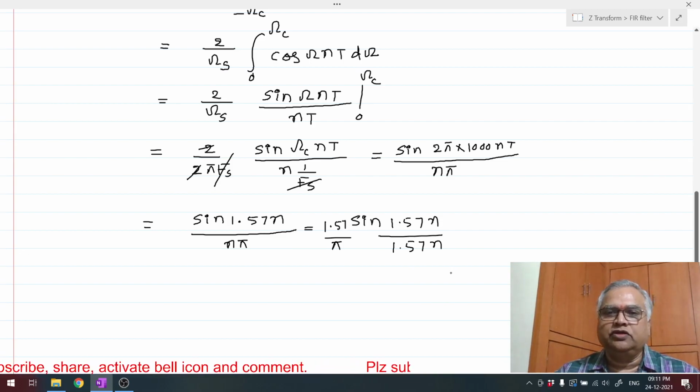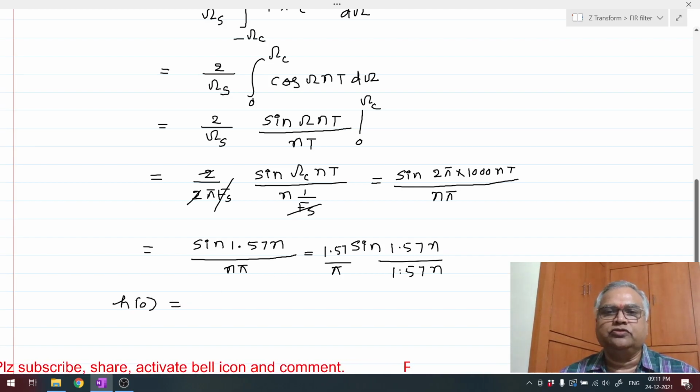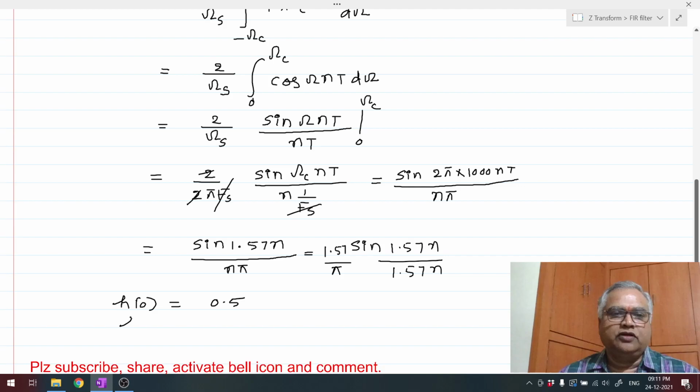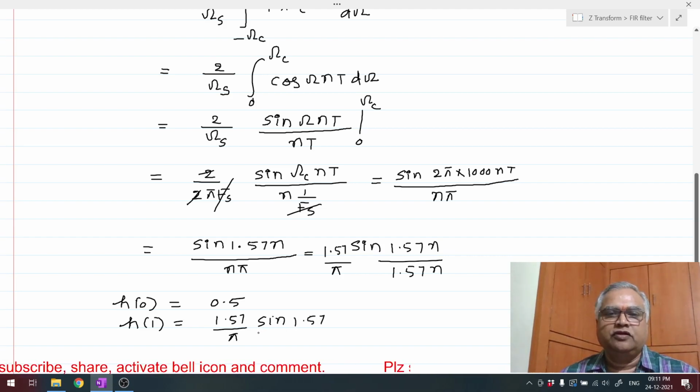So this is equal to, I have to find h of 0. What is h of 0? Sin 0 by 0, so that is 1 times 1.57 by pi, 0.499, approximately like that. h of 1: what is h of 1? sin 1.57 by pi times 1.57.